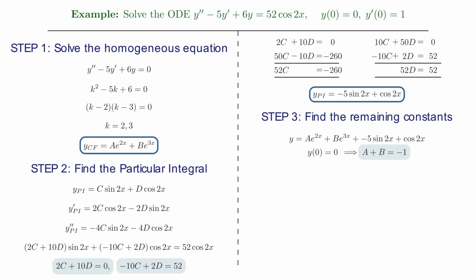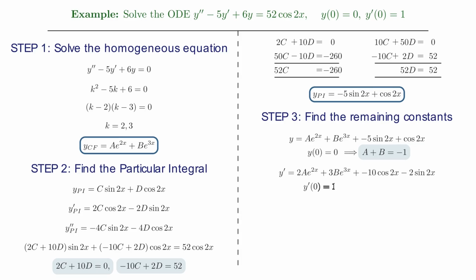So this gives us an equation that we can use with the next equation that we're going to get. Taking the second initial condition, we need to differentiate y. So this will give us y' = 2a e^(2x) + 3b e^(3x) + (-10 cos 2x - 2 sin 2x).